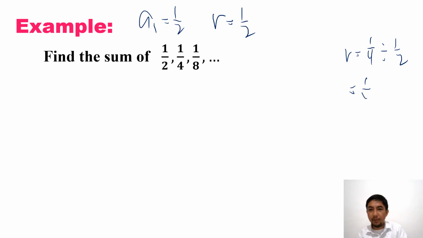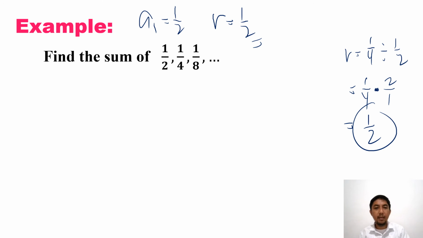So just copy 1/4, but this time you need to get the reciprocal of 1/2, which is 2 over 1, or simply 2, and then proceed to multiplication. So 2 divided by 4, or if you're going to get the lowest term of 2/4, it will give you 1/2. That's why the common ratio is 1/2.